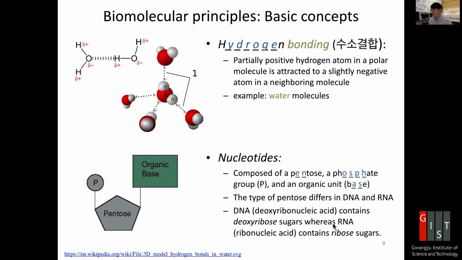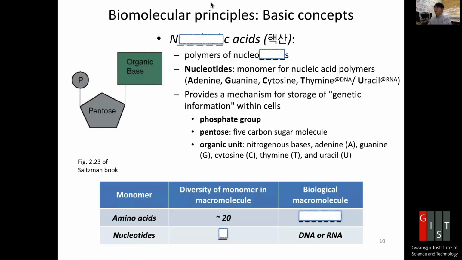RNA is ribonucleic acid, and it contains ribose sugar instead of deoxyribose sugar. We'll discuss the fine molecular difference later on. These are the building blocks of DNA and RNA, which we call nucleic acids.